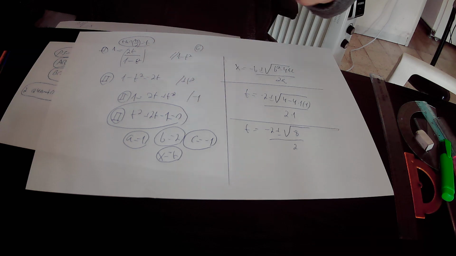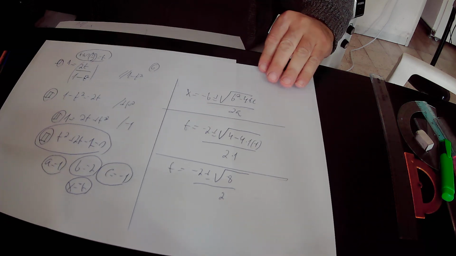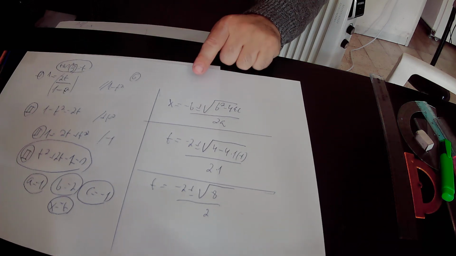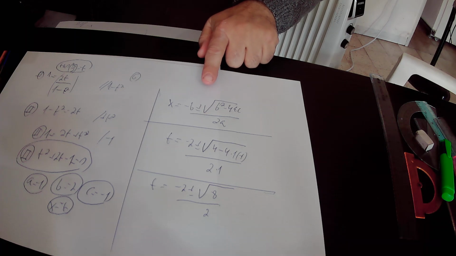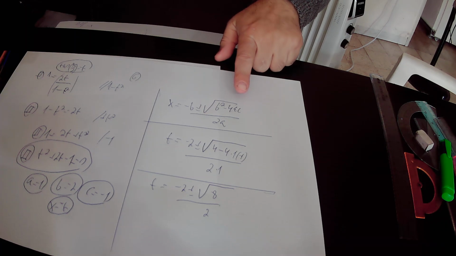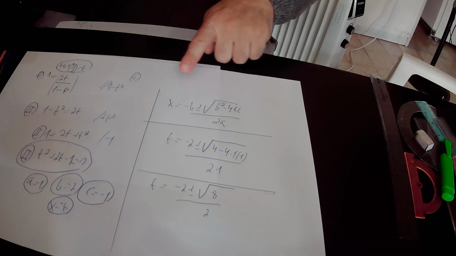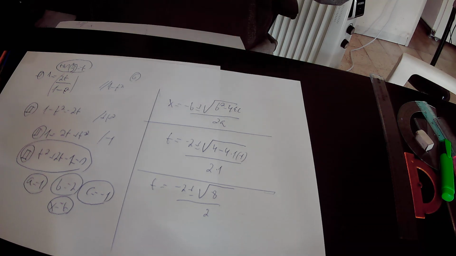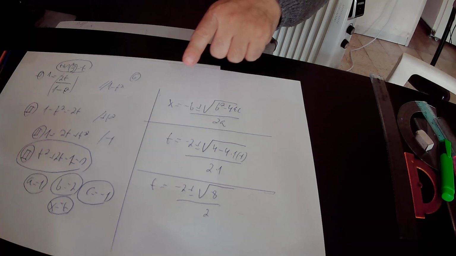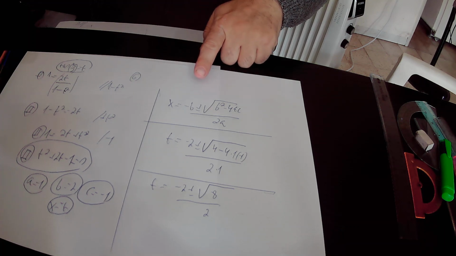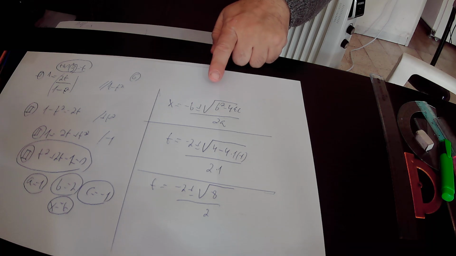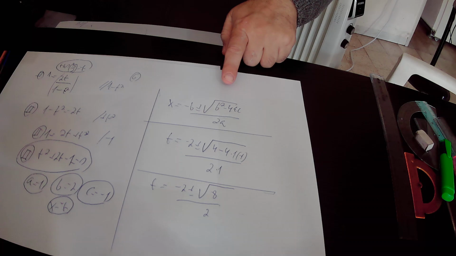So x equals t, and the general solution for a quadratic equation is x equals minus b plus minus square root of b squared minus 4ac over 2a. In our case, x equals t, so substitute x by t. So t equals minus b. b is 2, therefore minus b is minus 2, plus minus square root of b squared. b is 2, so b squared is 2 squared, that is 4.